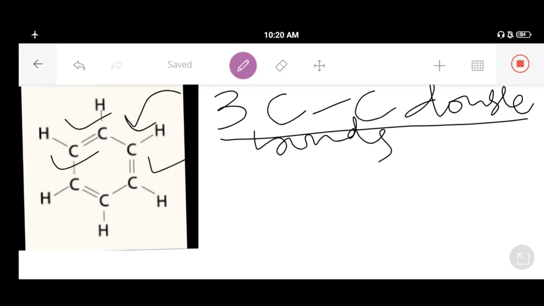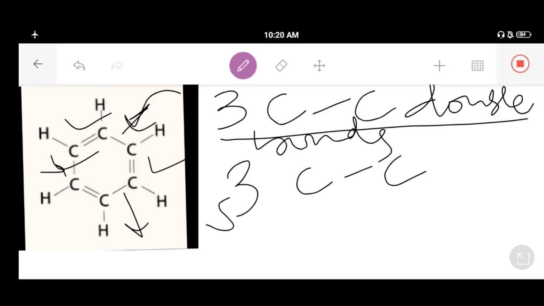That means it contains 3 carbon double bonds and 3 carbon single bonds. 1, 2, students, that's 3. This means it contains 3 carbon single bonds.